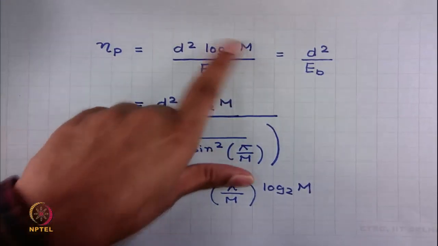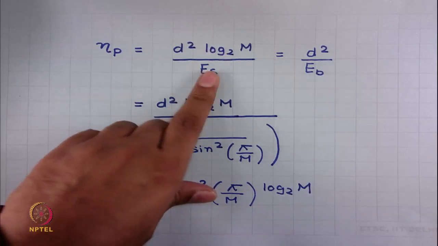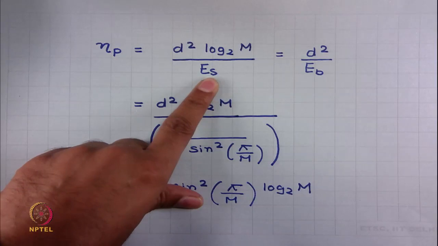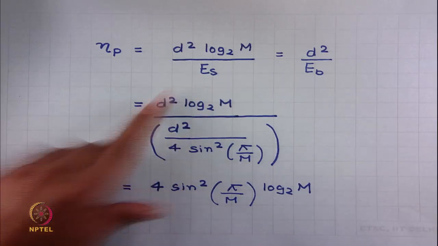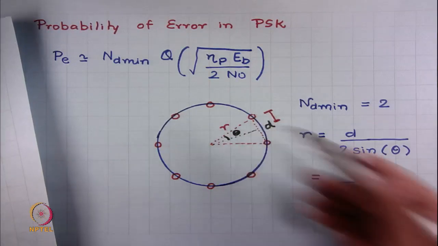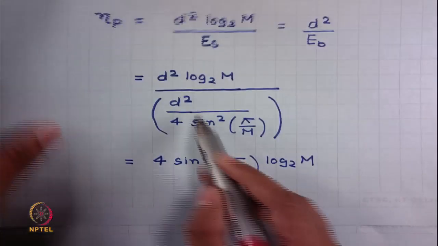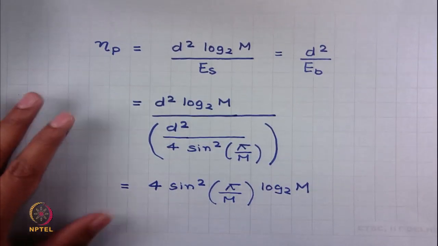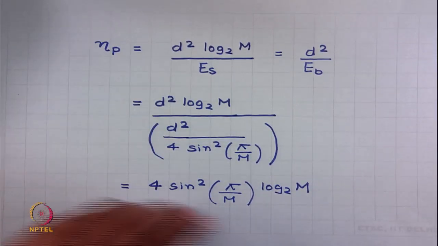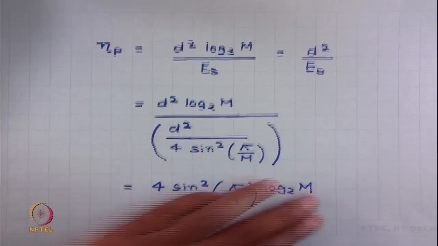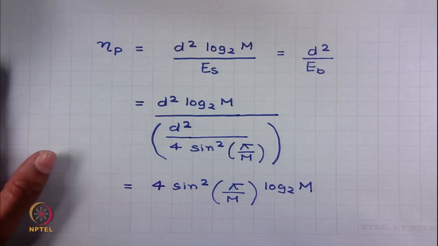We are thinking in this term, and we have already derived this relationship today, and this E s is simply r square, right. So, the energy of each point is simply r square. So, we are squaring this up, we get E s, and from this we get the power efficiency as 4 times sin square pi by M log 2 M, all right.